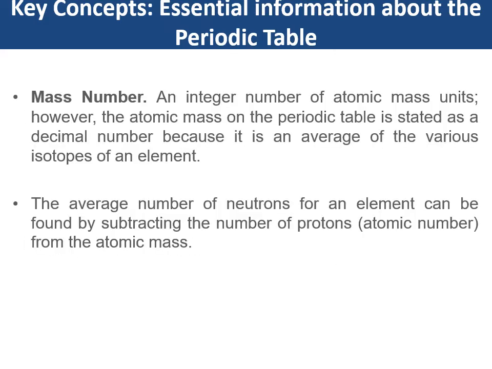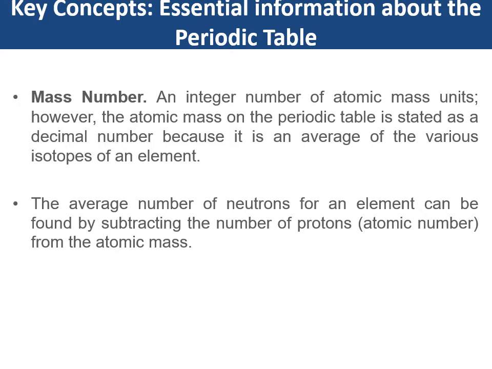Next one is mass number. Ano nga ba ang ibig sabihin ng mass number? It is an integer number of atomic mass units. However, the atomic mass on the periodic table is stated as a decimal number because it is an average of the various isotopes of an element.